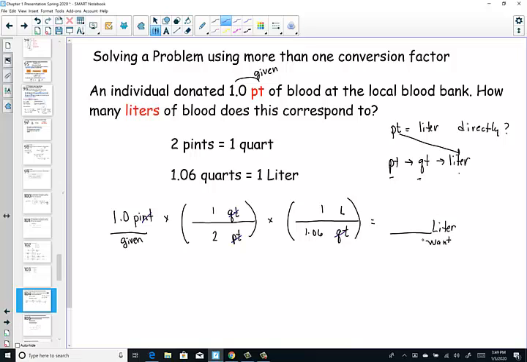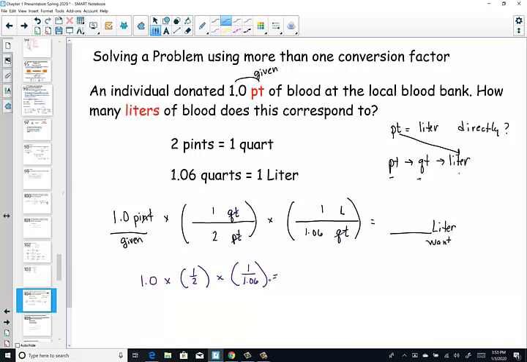Now what about hitting this on your calculator? We start with the number 1, and we're going to multiply by 1/2. Then we'll multiply by 1 over 1.06 and then hit equal. So use your parentheses on your calculator when you're looking at these conversion factors. 1 times parenthesis 1 divided by 2, that's 1/2, times parenthesis 1 divided by 1.06.